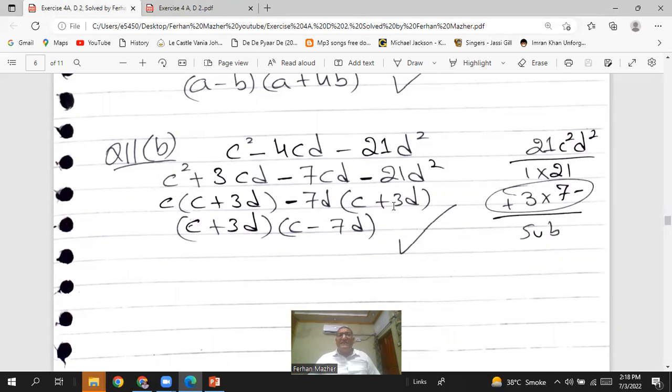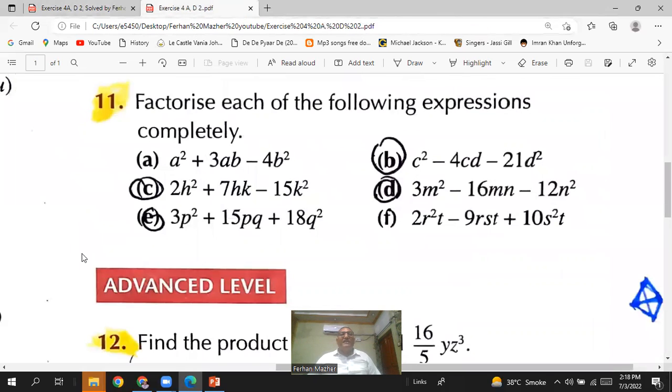Now from this term and this term, the bracket c plus 3d is common. From here, you will have c, and from here, you will have minus 7d. So this is how you will do question number 11 B part.